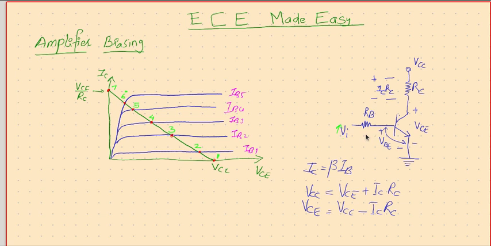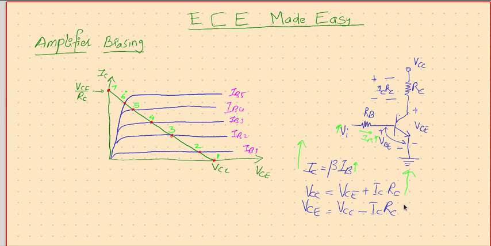if VI changes, then IB will change. If IB changes, then IC changes in a larger quantity because beta is very much greater than 1. And if IC changes, then RC is also very much greater than 1. Therefore, IC times RC will be a large increase.